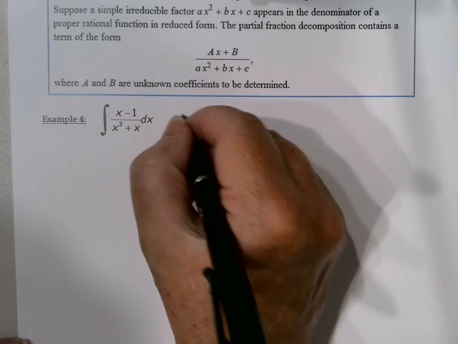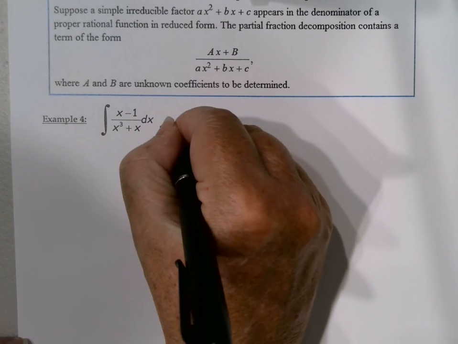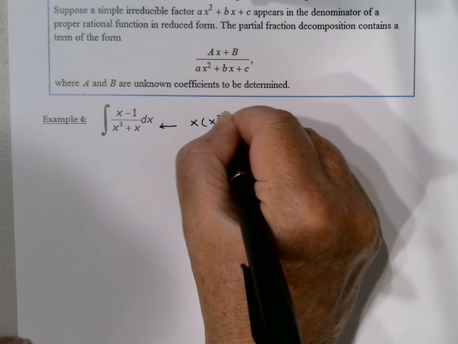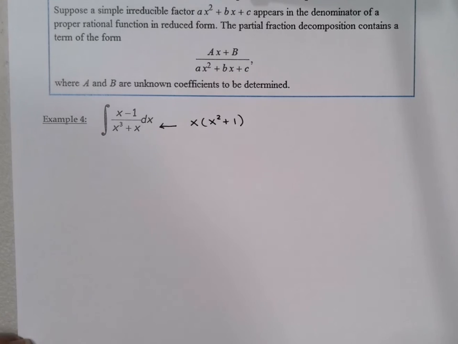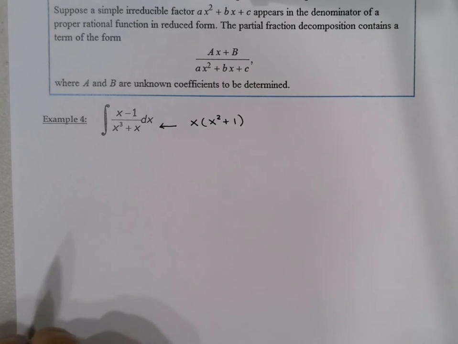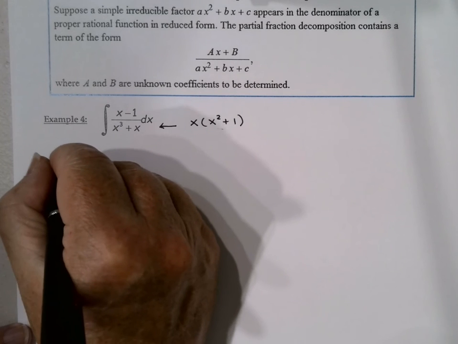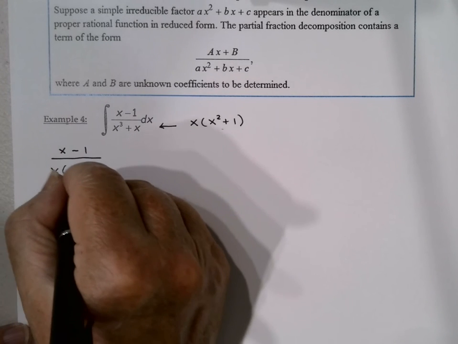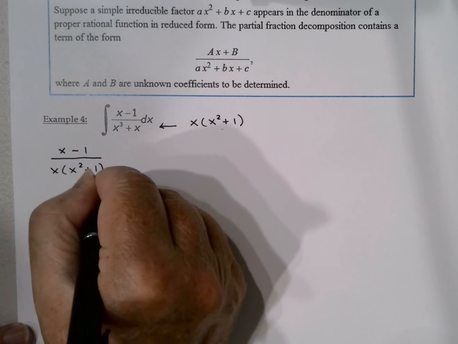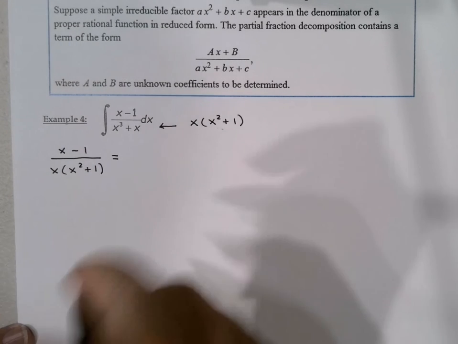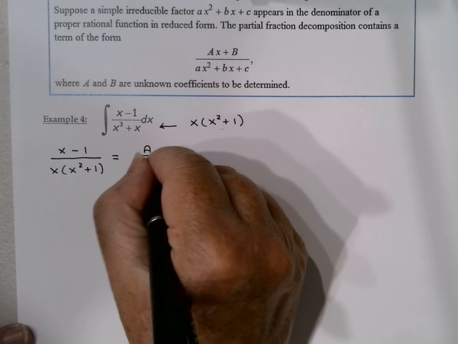This first one, that denominator, if I factor out an x, is x squared plus 1. And I can't factor that any further. So I'm stuck with that irreducible quadratic. So my partial fractions decomposition, I take my original function, and first of all I'm going to say a over the x, just like I would have before.